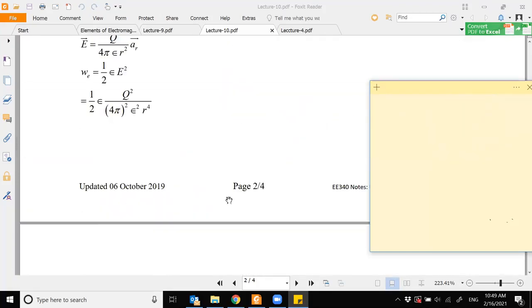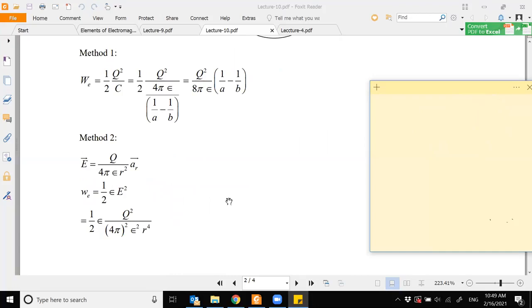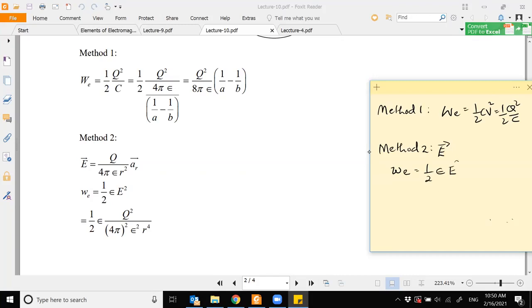Now, method 2. Method 1 is half CV square, or half Q square over C. Method 2 is our typical method. If we know the electric field, then you first find the energy density, which is half epsilon E square.